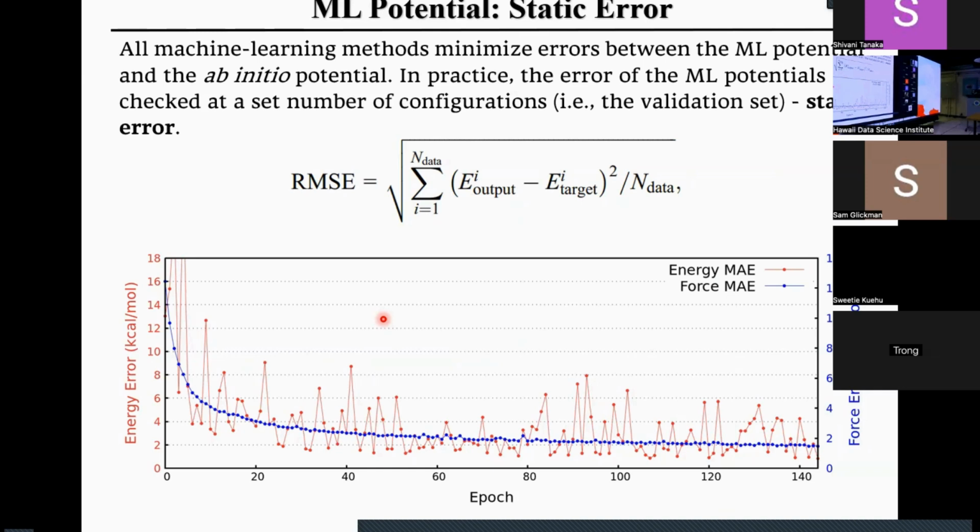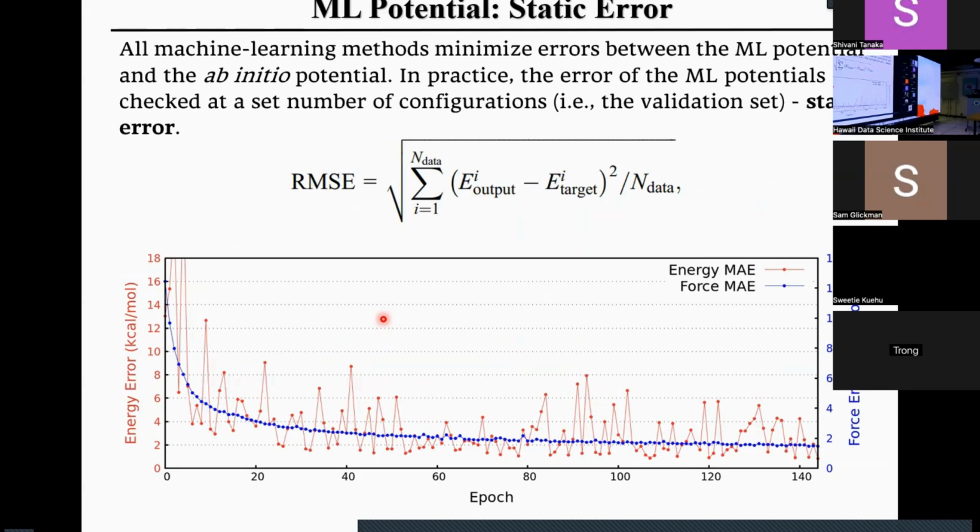It will look at some reference coordinates that are hopefully not part of the training set and say, all right, this is the ground truth, which is the ab initio energy and force, and compare that with the same property provided by this machine learning potential. You also have a large validation set, and then you can plot how these two errors decrease over time. And this is how they decrease over time.